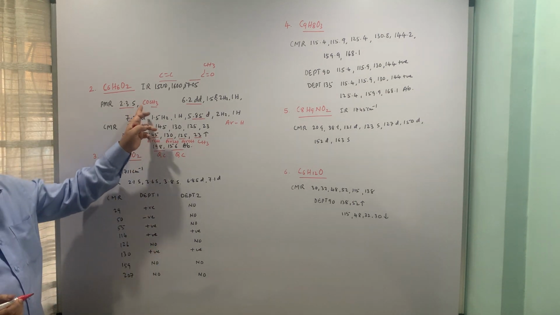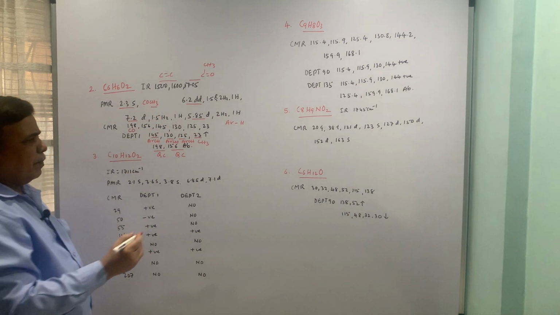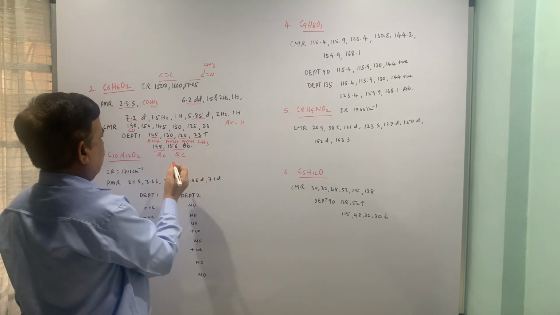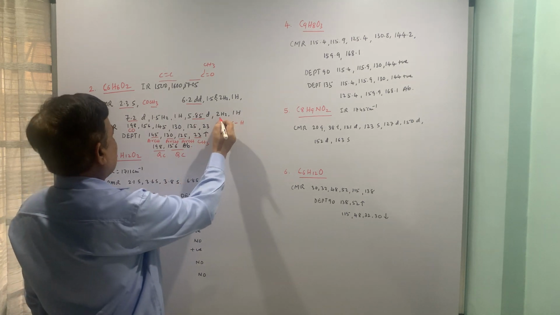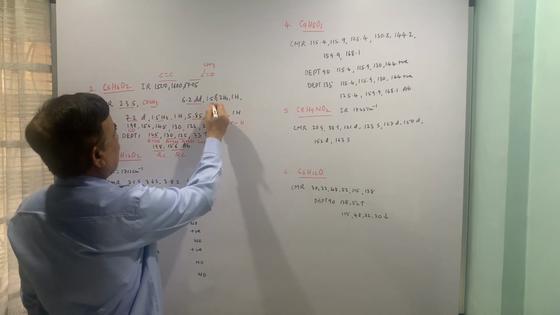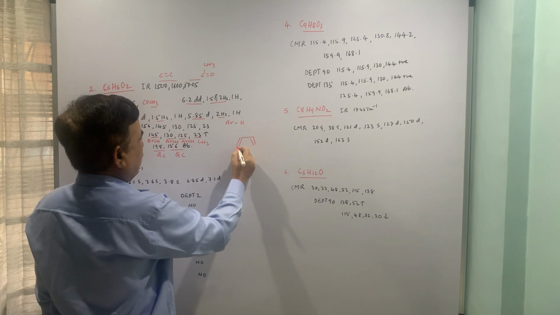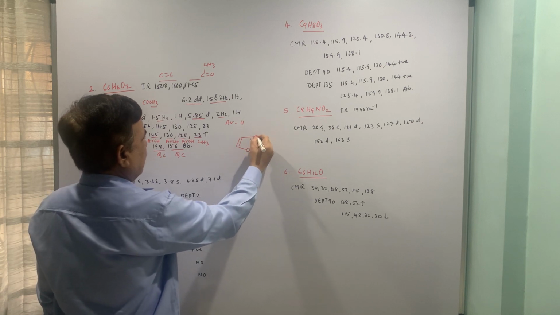One is in the form of COCH3, second may be in the form of ring. And if you look at these coupling constants, 2, 1.5 and 1.5 and 2, that indicates the presence of a heterocyclic aromatic ring.